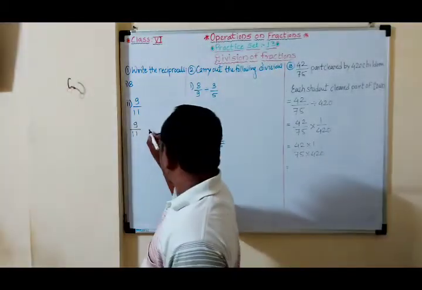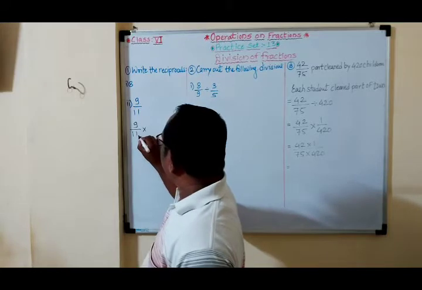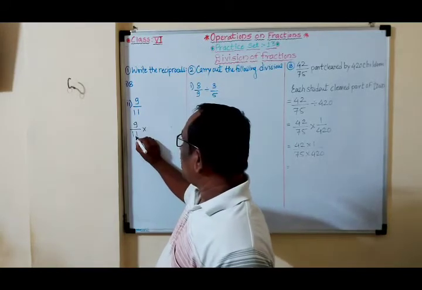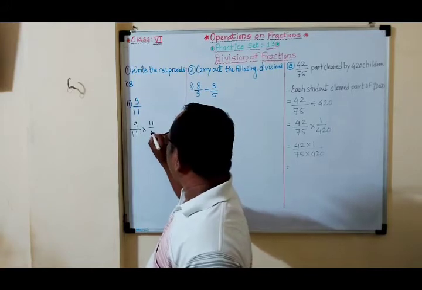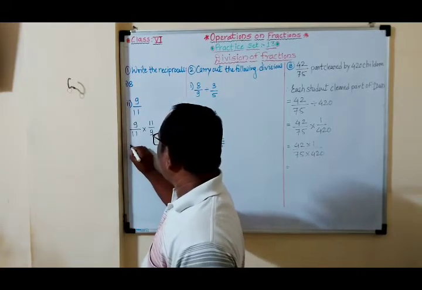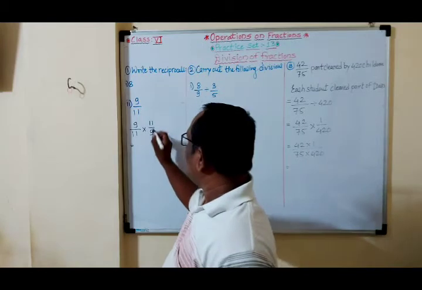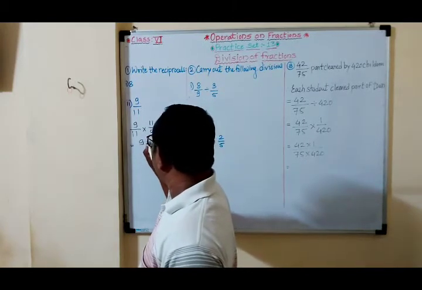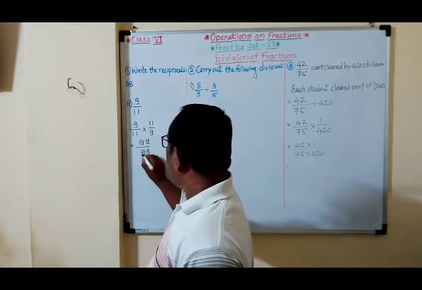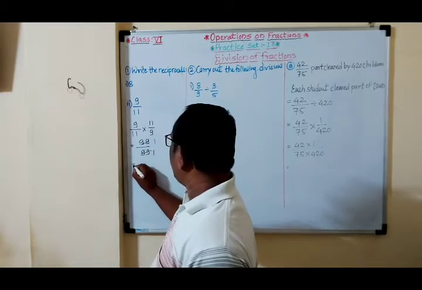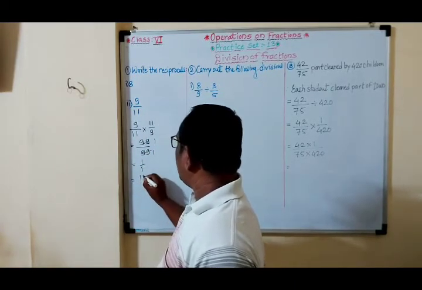See, 9 upon 11 multiplied by 11 upon 9, where the denominator becomes the numerator and the numerator becomes the denominator. Then what do we get? 11 nines are 99, and 11 nines are 99. 99 ones are 99. So 99 upon 99 we get 1.